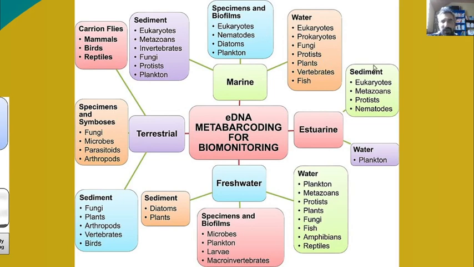Obviously, it will be harder in sediment because you can have dead animals, but depending on the condition of degradation, the conservation of the body, you won't have it. So it depends on which taxon you want to record, but you see you have a lot of choice.